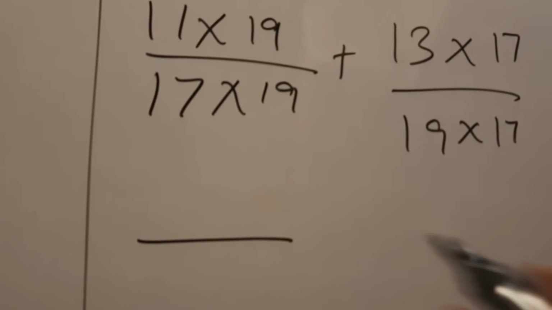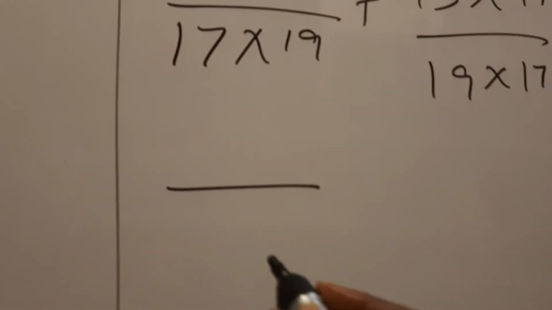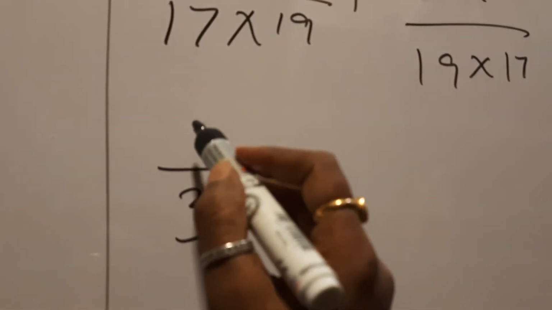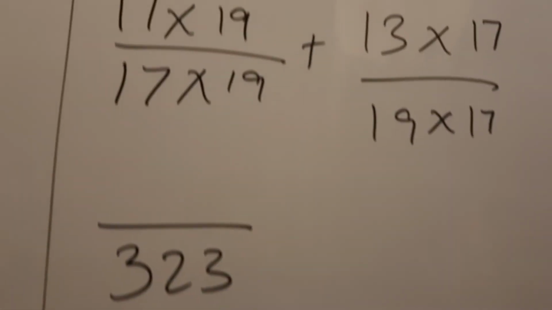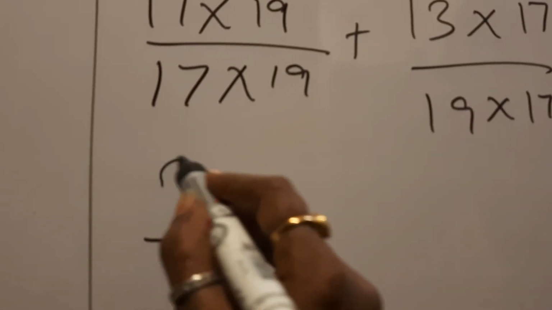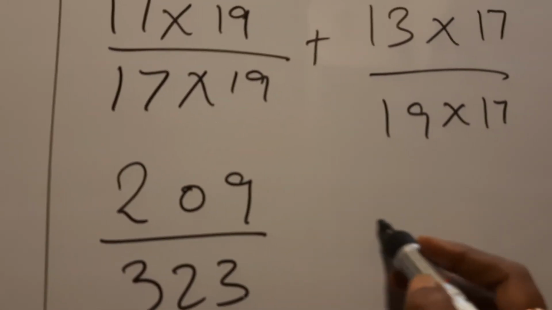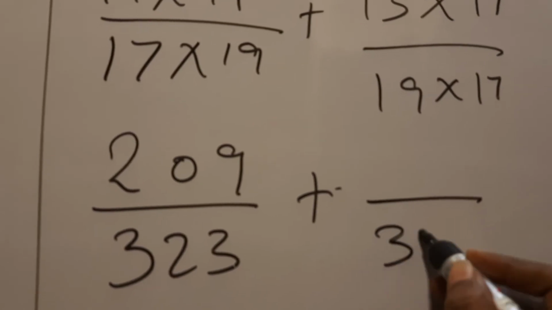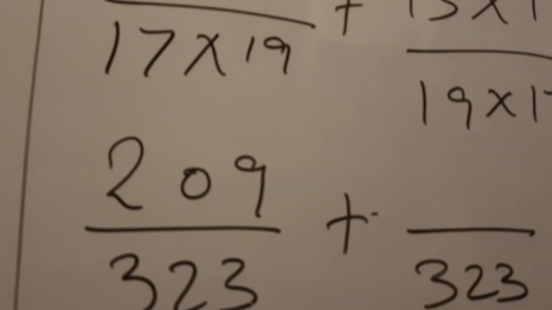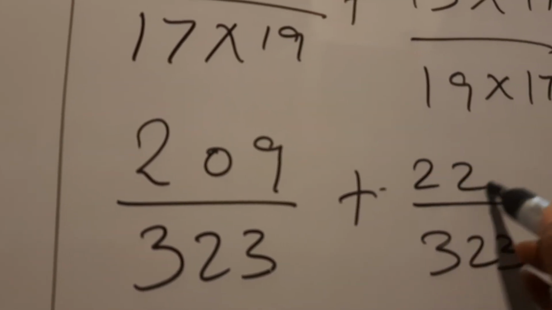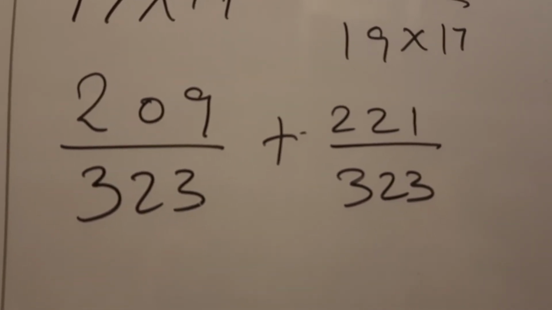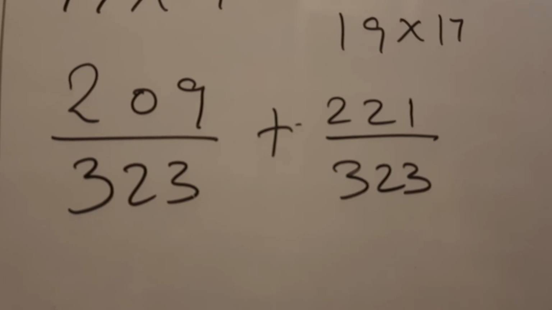Let us multiply and write down. 323. 209. You can work out, it's a big number, plus, okay, 323. 221. So 209 upon 323 plus 221 upon 323.